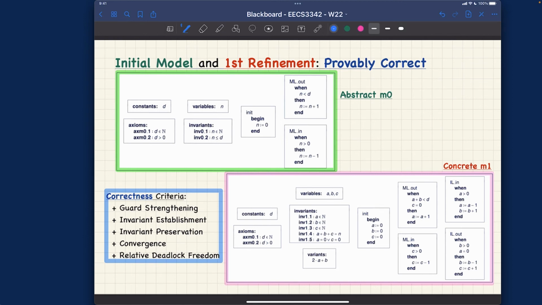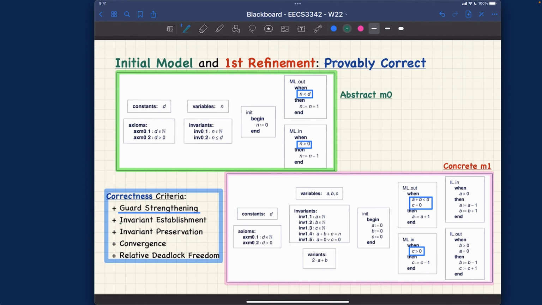What we had to prove is that the concrete guard for the concrete events implies the corresponding abstract guard. So this is one case. And also the concrete guard over here for ML_in entails the ML_in guard over here. So that's the guard strengthening.